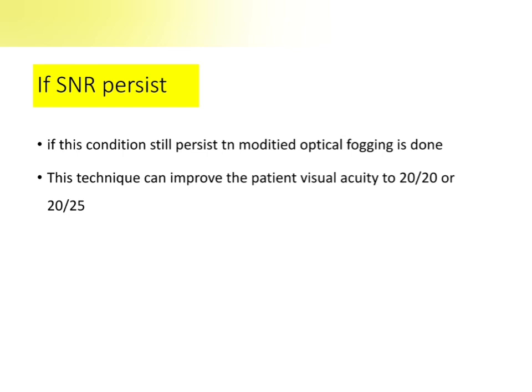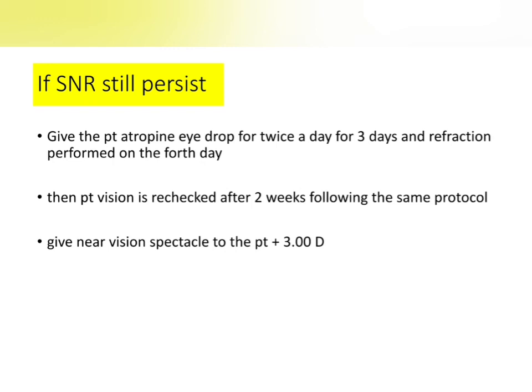Mostly we see that after giving the power by following the Boris delayed subjective refraction, we actually don't need cycloplegic refraction. But suppose even after doing this, the spasm still persists, then we will give the patient atropine eye drops and instruct the patient to use them twice a day for 3 days, and then perform refraction on the fourth day.